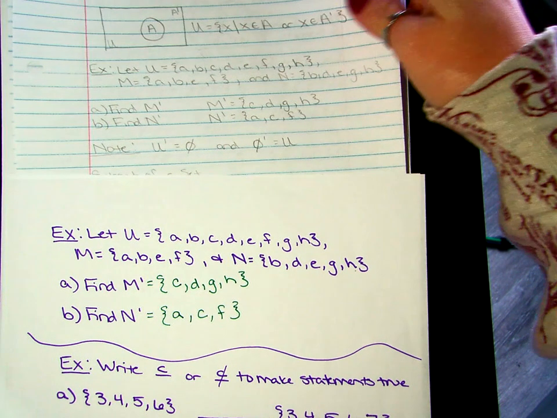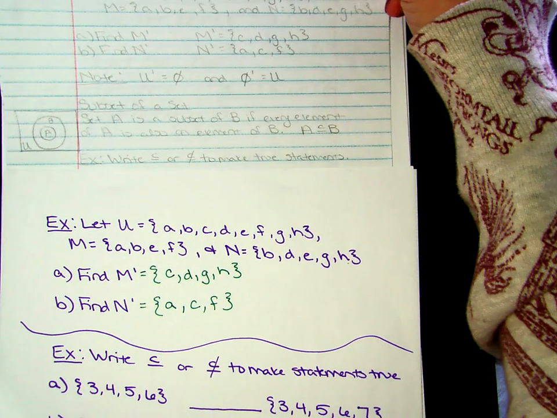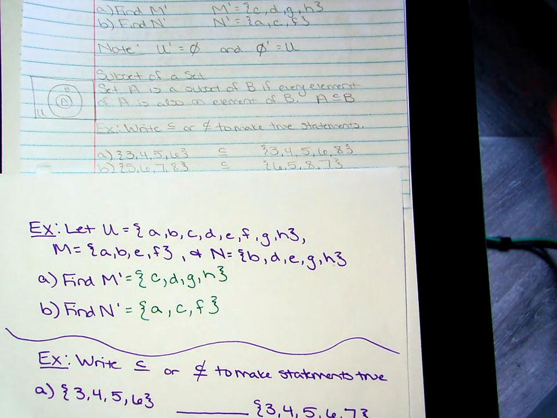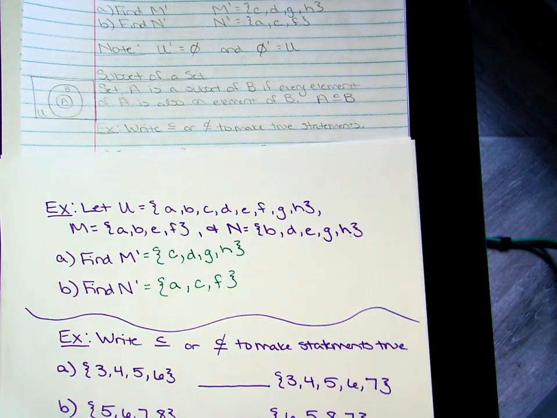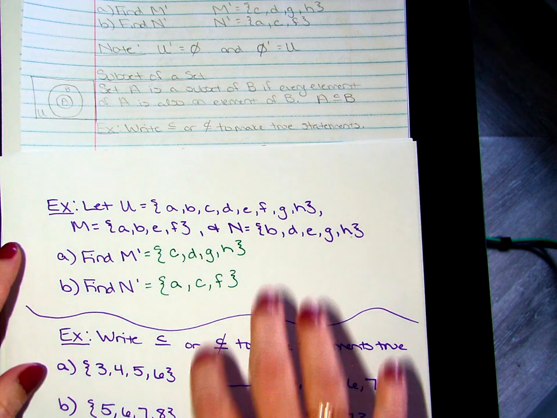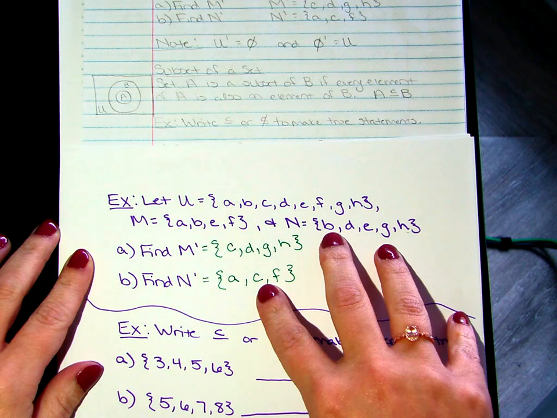So, we've talked about the universal set, we've talked about the complement. So let's talk about subsets. See the little picture over to the side. I might have to scroll out a little bit. There we go.